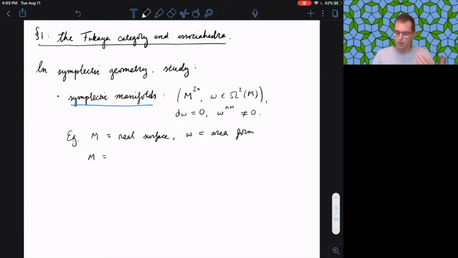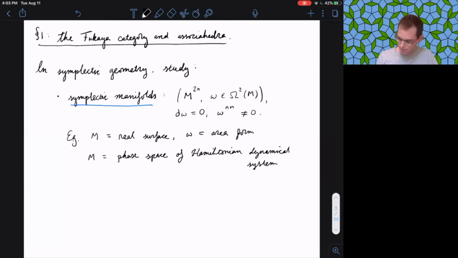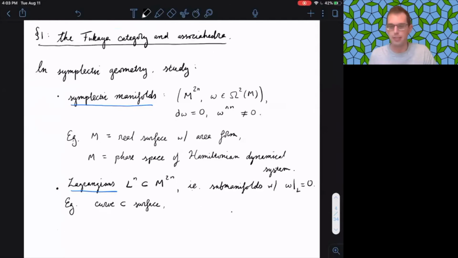Another one that sort of reflects the historical origins of symplectic geometry is when M is the phase space of a Hamiltonian dynamical system. And then there's this class of distinguished submanifolds in symplectic manifolds called Lagrangians.